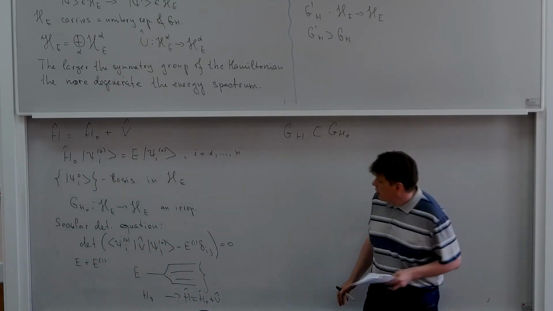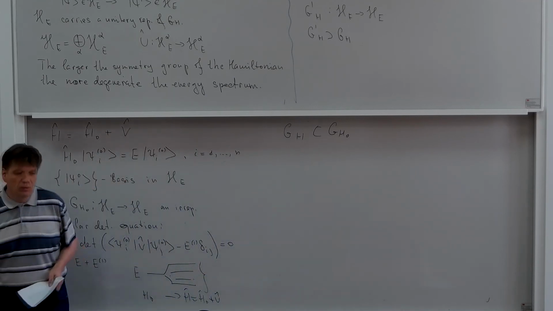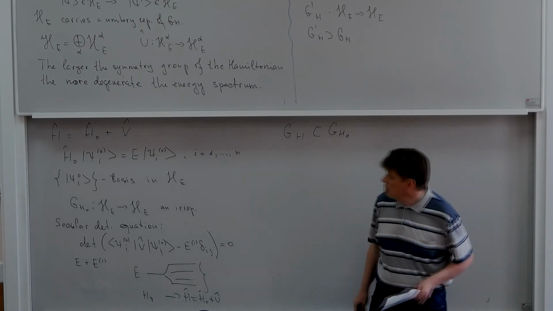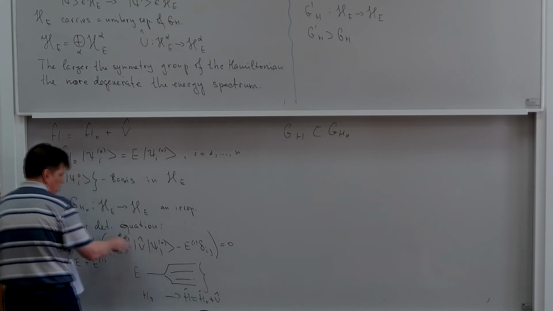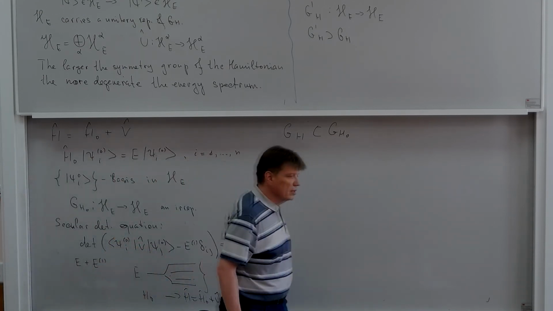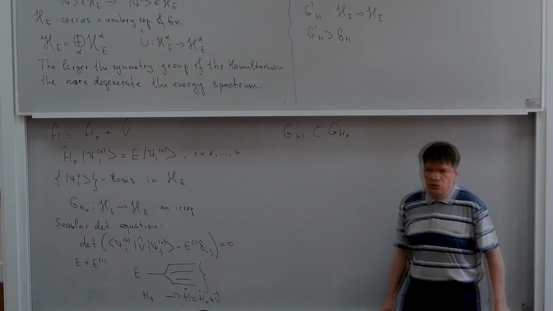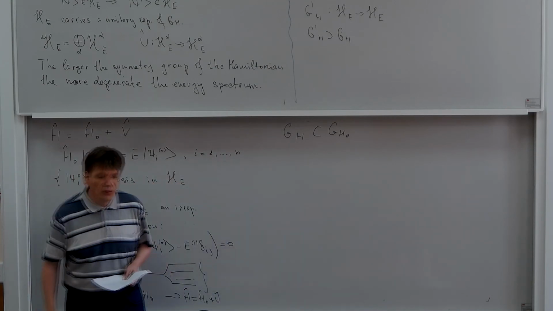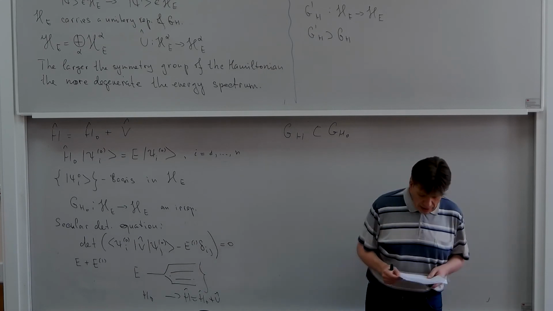And this latter number, that is the number of irreducible representations upon restriction to the subgroup, can be computed independently of the calculation of the determinant of these matrix elements. This can be done in purely group theoretical terms. And some examples of such group theoretic analysis will be considered at the next lecture.